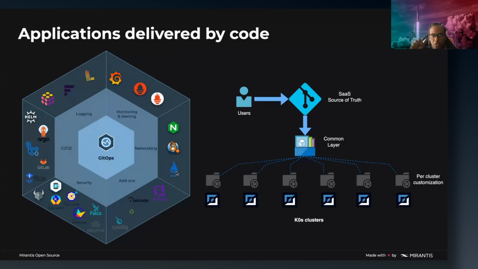So I check the box, and I have Istio deployed in that specific cluster. All of this can be defined in the CLI or in the UI, but you can also continue to do that as code using standard Argo CD or Flux CD pipelines.